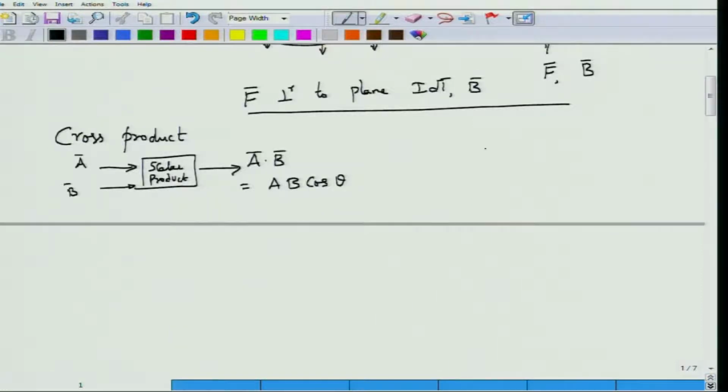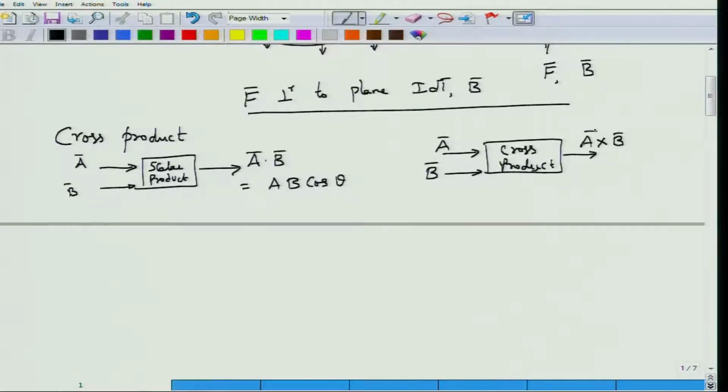Now, a cross product is a different beast altogether. The output of a cross product is not a scalar, it is a vector. So, you still take 2 vectors as inputs, they may be oriented in any direction, there would be a certain angle between the 2 orientations, and the result of the cross product will be a vector.